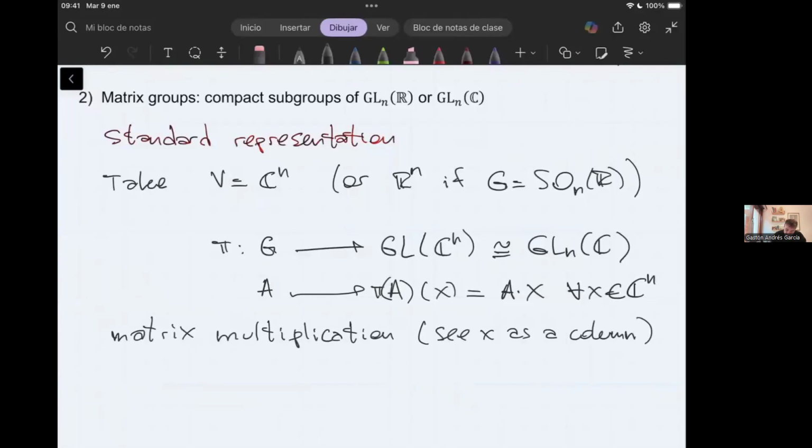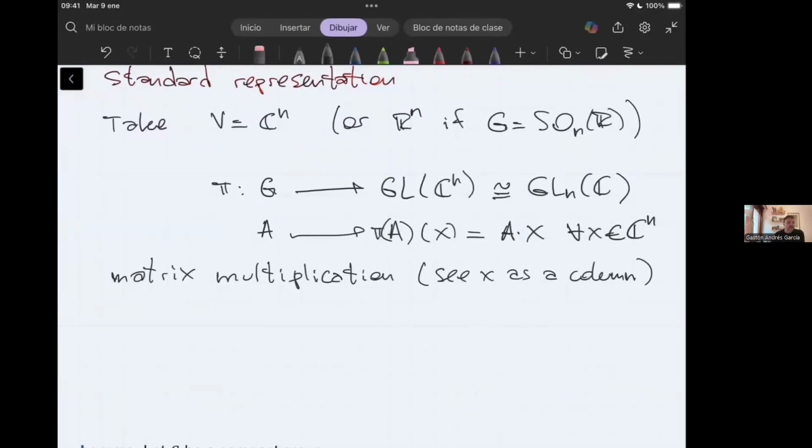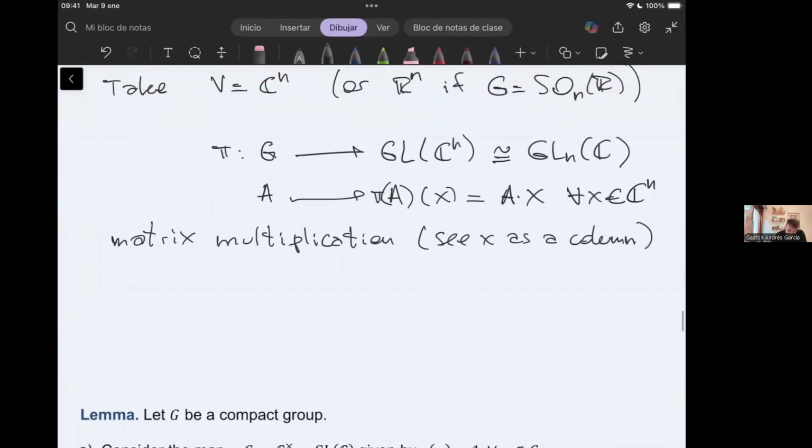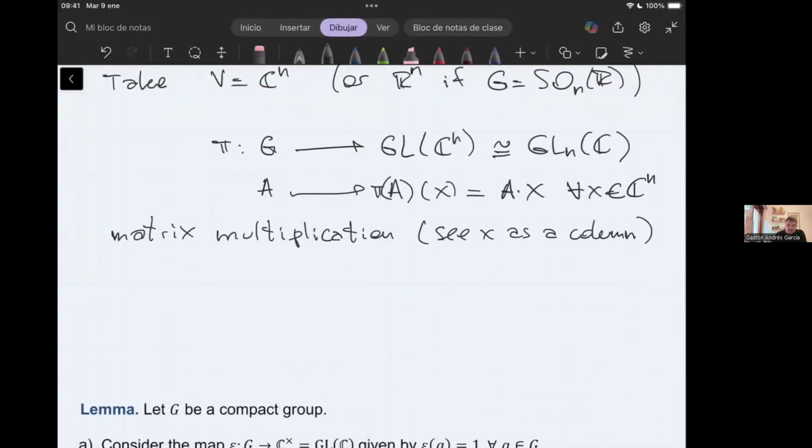By the formula, all the formulas are polynomials in the entries, so this is very continuous. The last thing I'm going to do is check that this is a group map.